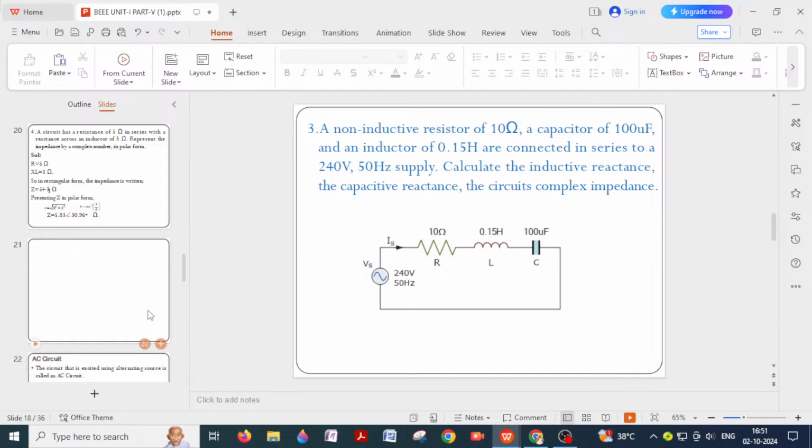Okay. So, next if I want to determine capacitive reactance, the formula is what? 1 by 2 pi FC. 2 pi is constant, F is 50, C value is what? 100 microfarad. Micro means 10 power minus 6. So 100 into 10 power minus 6.